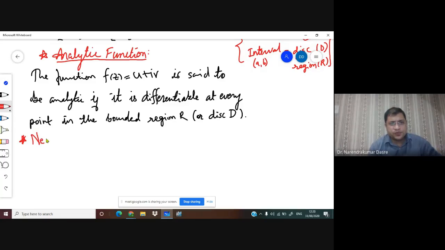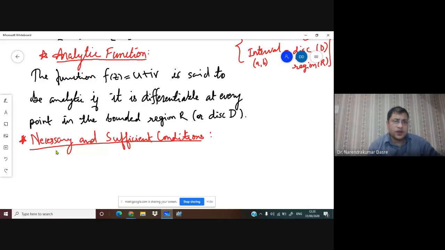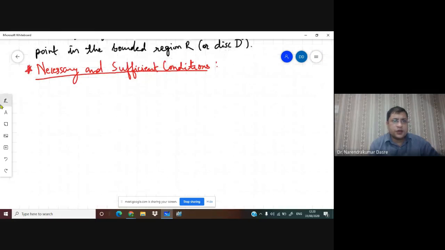So we have necessary and sufficient conditions for a function to be analytic. So what are these conditions? We'll try to think of it.